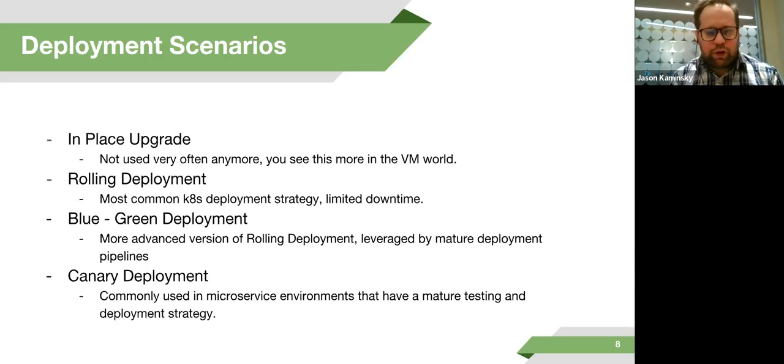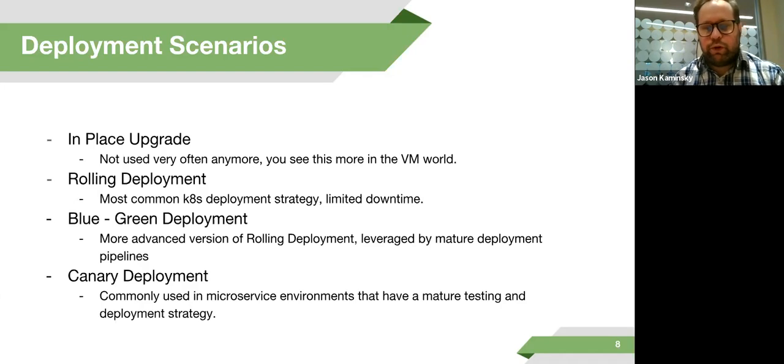What you see pretty much from a native application rollout strategy within Kubernetes is what is called a rolling deployment. As a pod comes online and passes its health check, the oldest pod rolls off and is taken down, and it basically rolls through the entire deployment process to your target replica set size.